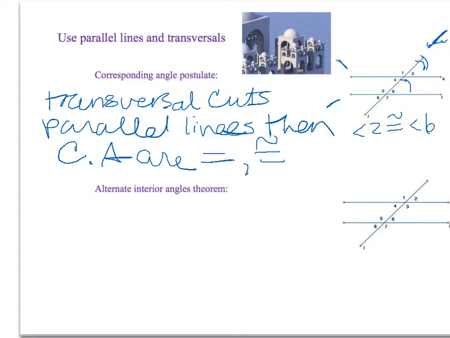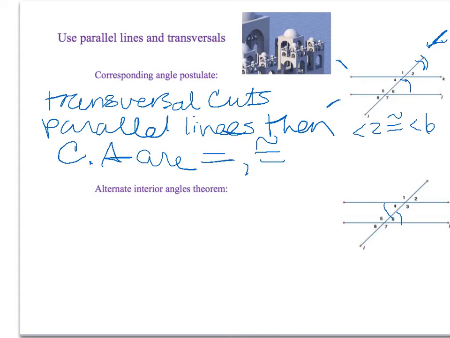The alternate interior angles theorem, let's take a look. Alternate interior angles would be like angle 6 and angle 4. And this theorem is much like the other one.